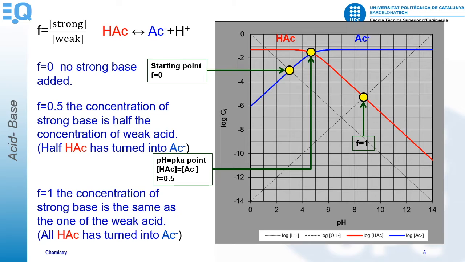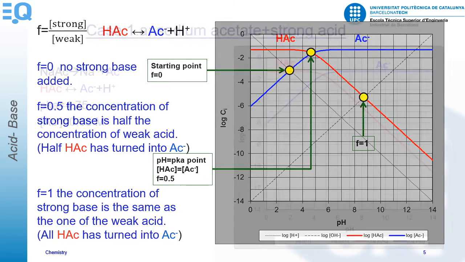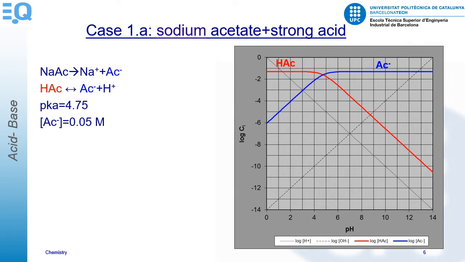What we should learn from this exercise is that increasing the pH of the solution of acetic acid by adding a strong base, such as potassium hydroxide, causes the equilibrium to switch. We move into the right part of the diagram, where acetate anion is predominant. This is the basic species, the one predominant at a high pH, which is basic pH.